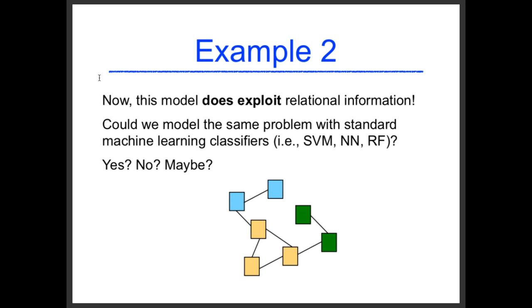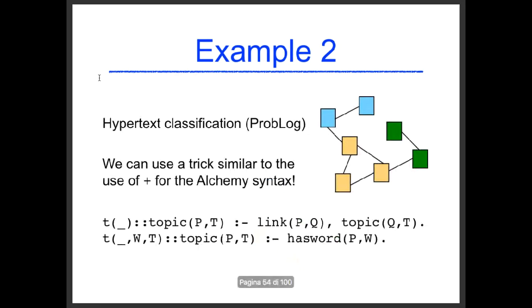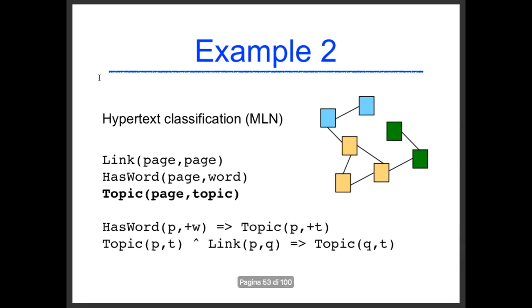And maybe it would be nice to see, as an exercise for you, that if you remove this rule here, or in Markov logic, if you remove this rule here, so if you remove the relational rule, both Markov logic and Problog with just this rule should not be that different from, I don't know, an SVM or another propositional classifier with bag of words.